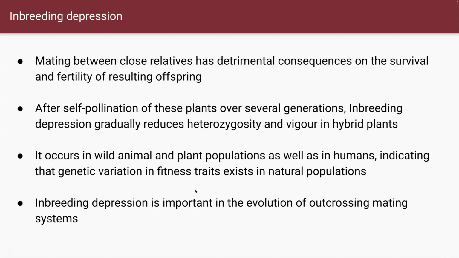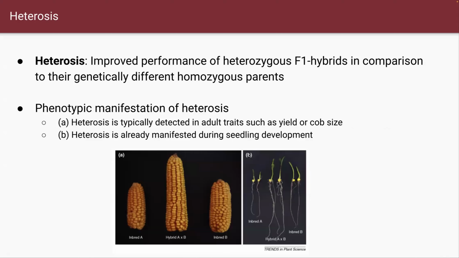Inbreeding depression is an important topic when discussing evolution and mating systems. And one of the things very commonly discussed in crop science is heterosis, right? If you have homozygous parents, like inbred A parents and inbred B parents, and you mix them, the offspring has a far better phenotype than these two parents.